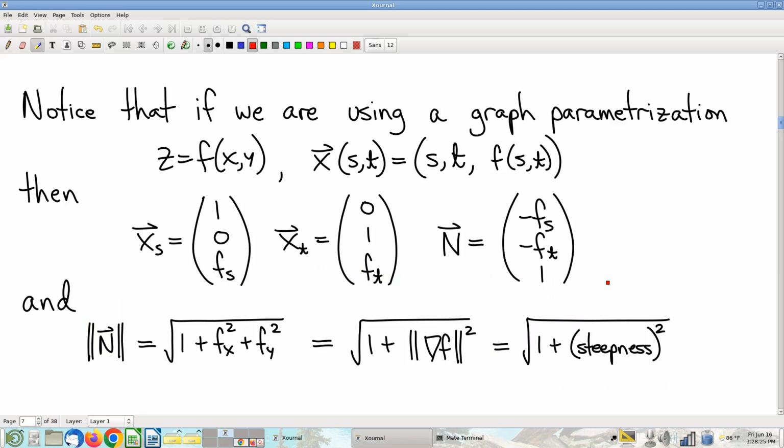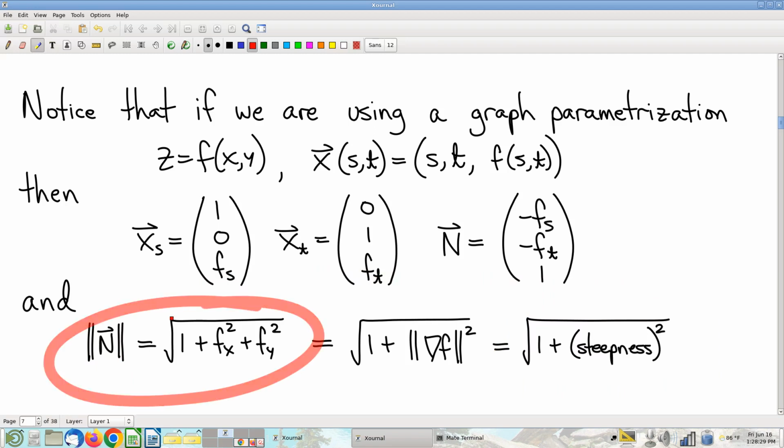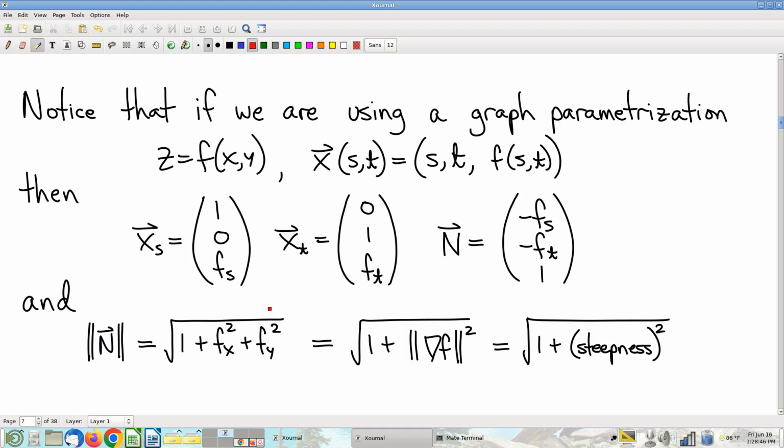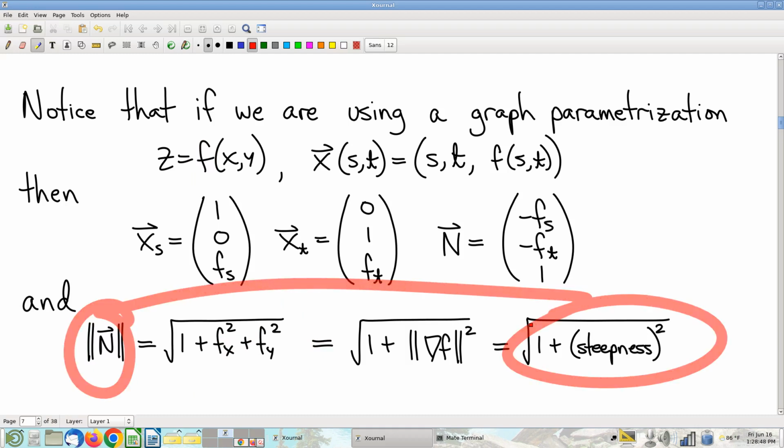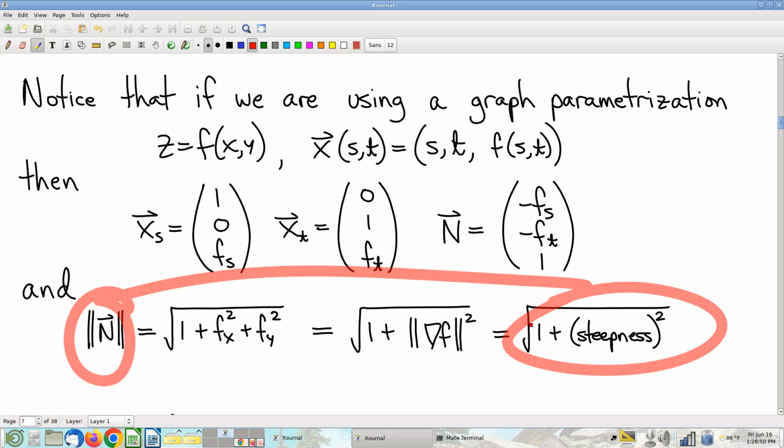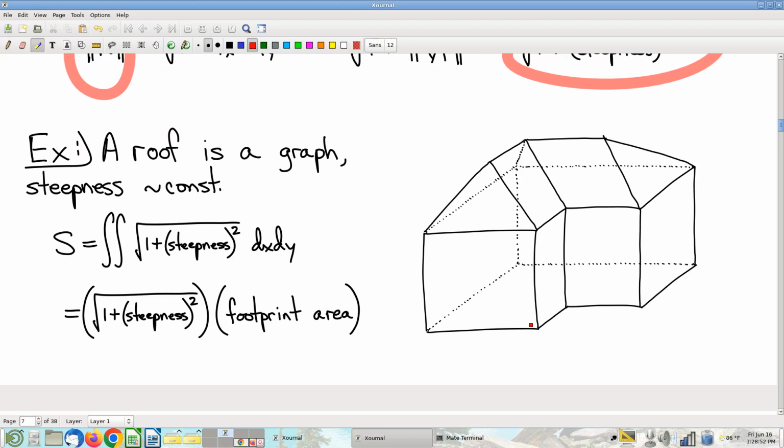Now, how are you going to use this? Most of the time, this formula right here is the plug and chug winner. This is the one that's generically most convenient, because typically if you have this function, you don't already have the magnitude of the gradient, so you might as well just start with this anyway. But it is really useful sometimes to know this connection to steepness, and this next example that I have is a great example of this.